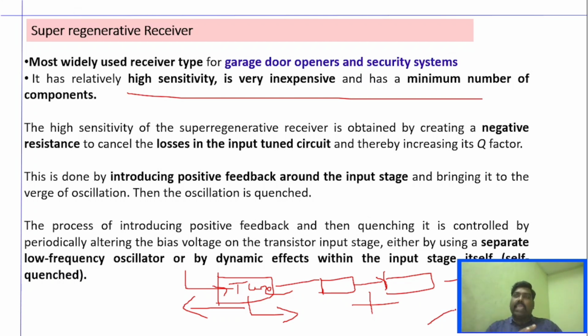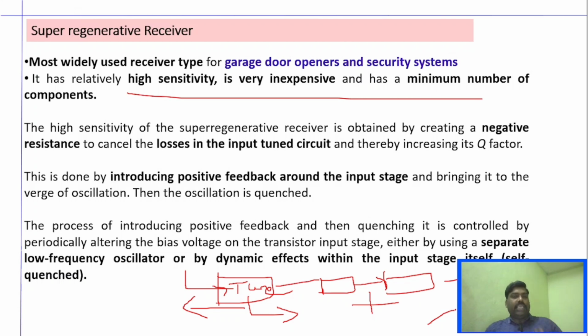This starting and quenching of oscillation can be controlled by the bias voltage to the transistor, where we can use a local oscillator to control that biasing voltage, or else we can also use dynamic effects at the input stage of the super regenerative receiver, which is called self-quenched.